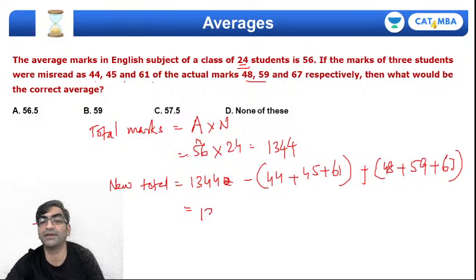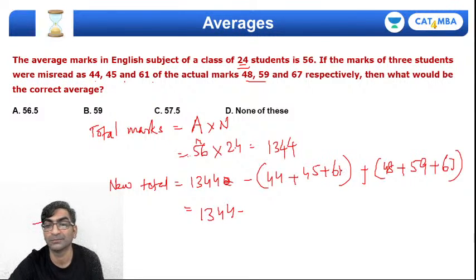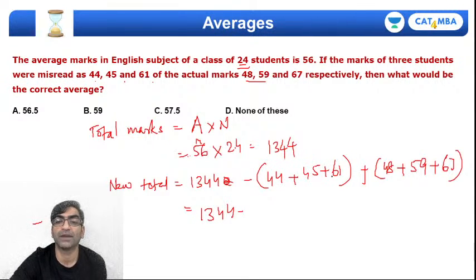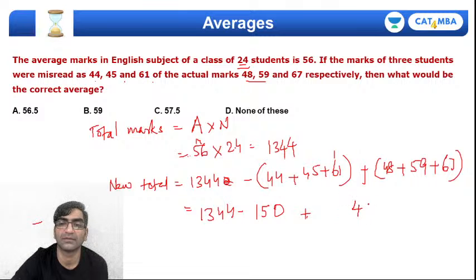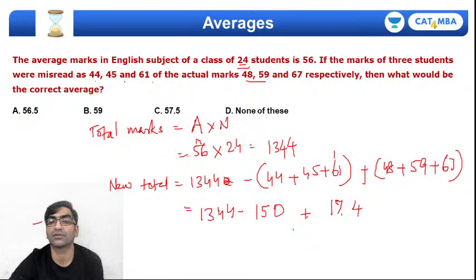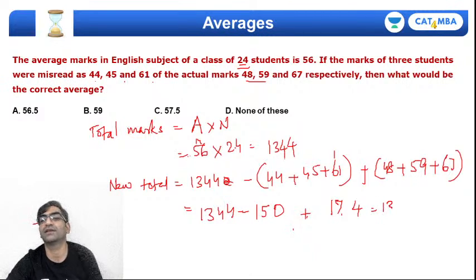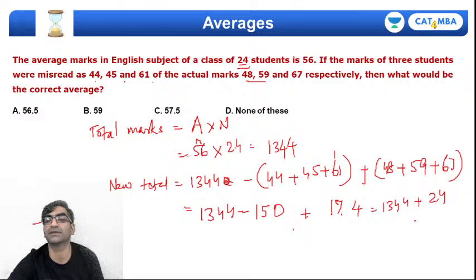So this will be 1344 minus, how much is this? 44 plus 45 is 89, plus 61 is 150, minus 150. And this is plus 174. So that's 174 minus 150 is 24. So 1344 plus 24 is 1368.